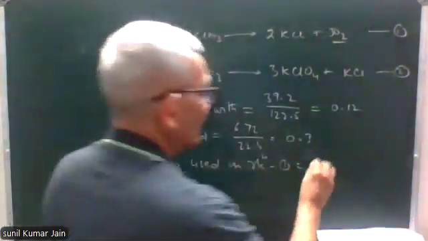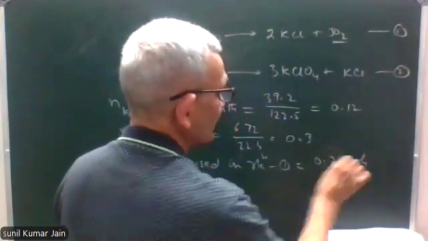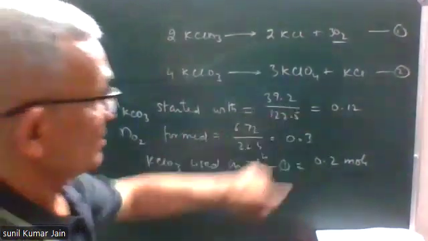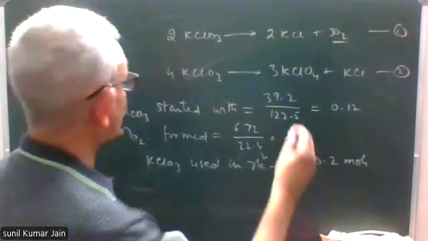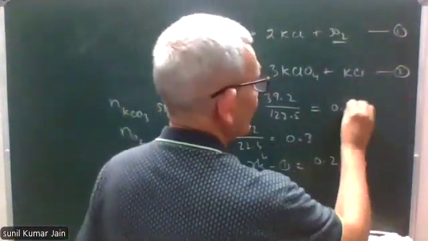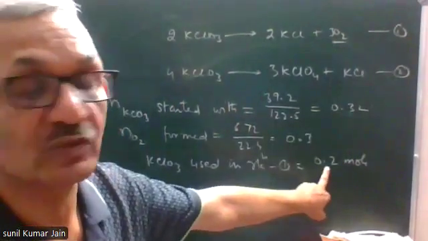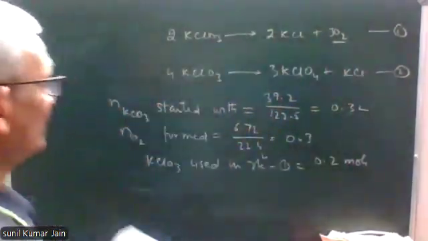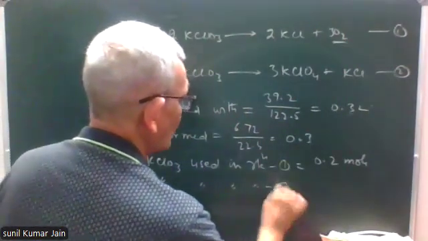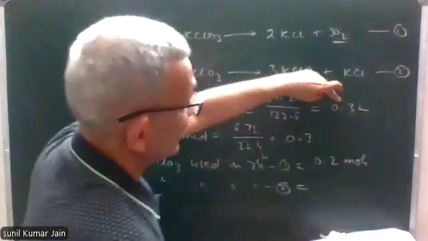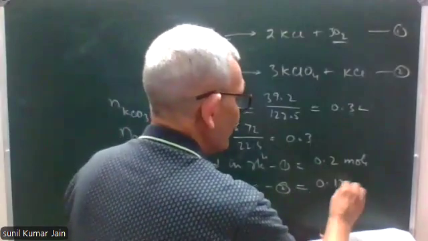We can directly write that this will be 0.2 mole. Out of 0.32 mole, 0.2 mole of KClO3 is used in reaction 1. It means KClO3 used in reaction 2 will be 0.32 minus 0.2, that will be 0.12 mole.